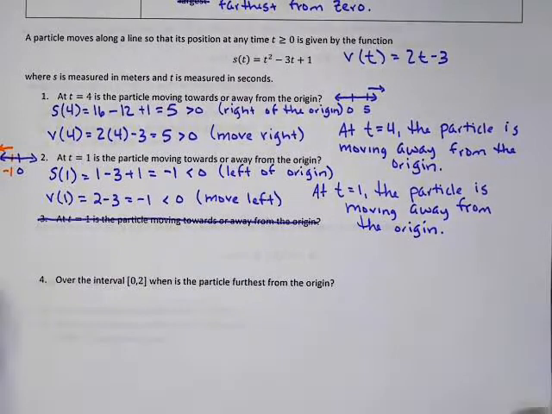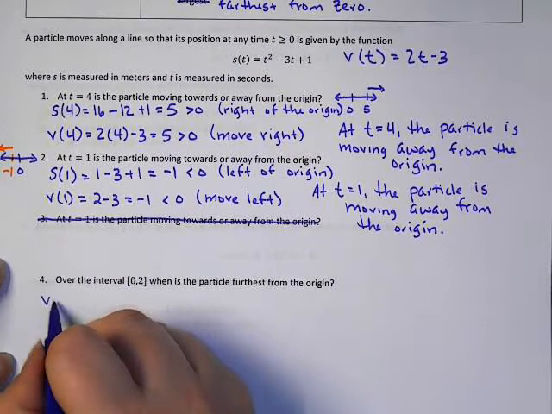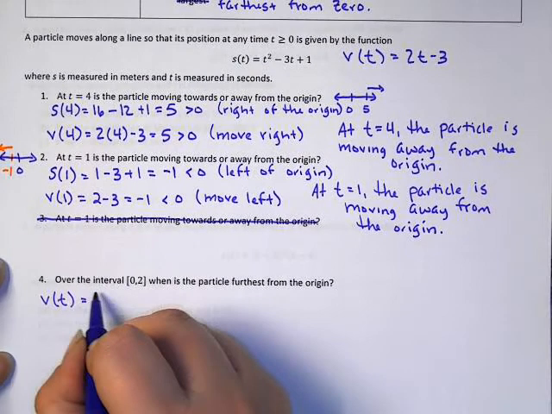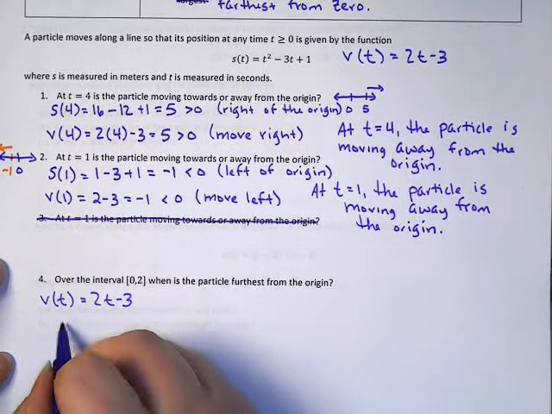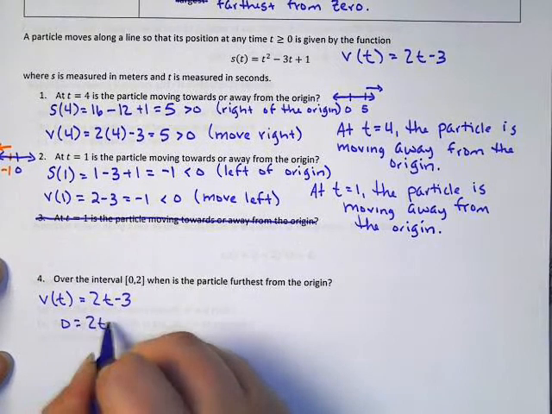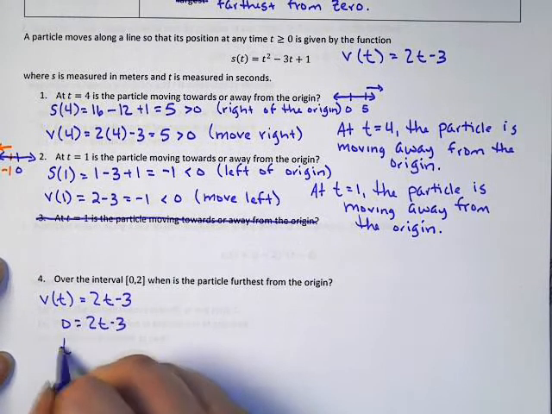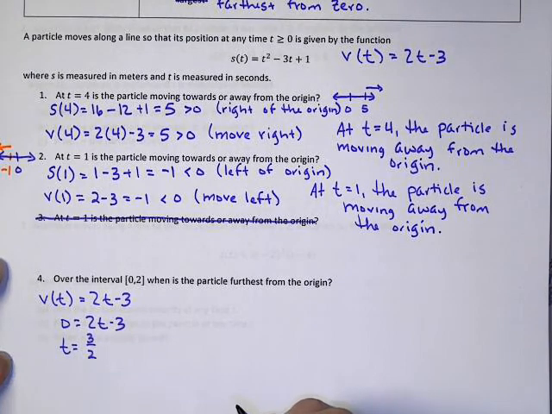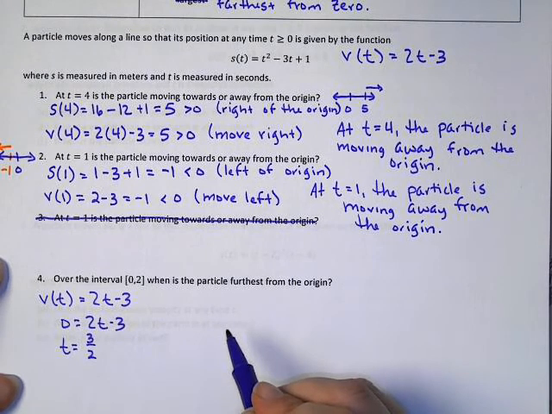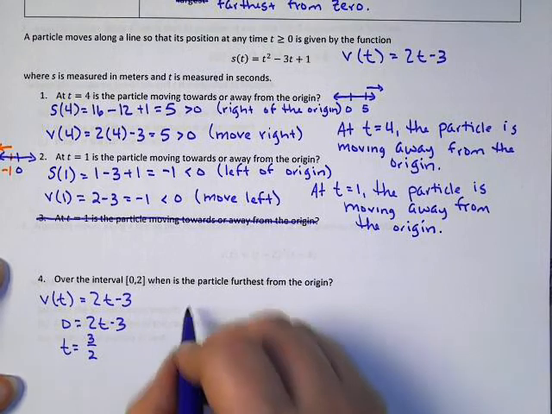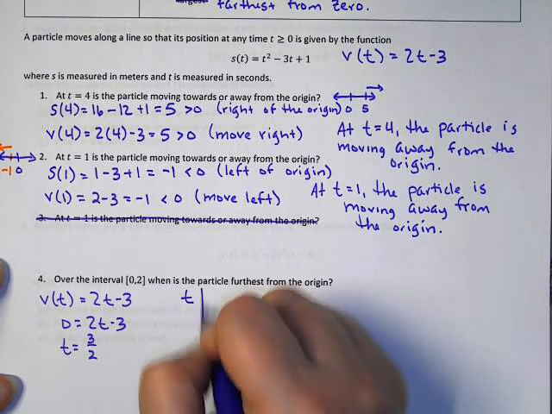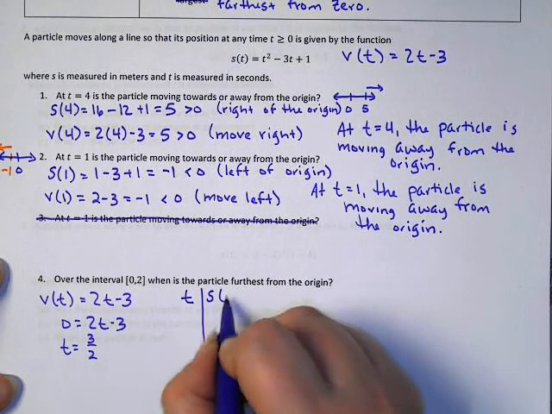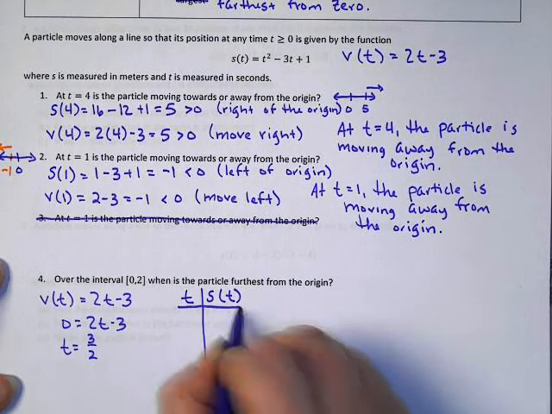So we already know that the velocity is 2t minus 3. So if we set that equal to 0, 2t minus 3, we get t is equal to 3/2 or 1.5. All right, so then we need to make our options chart. Now we're making an options chart for the position. So it's going to be t and the position, which is s of t.